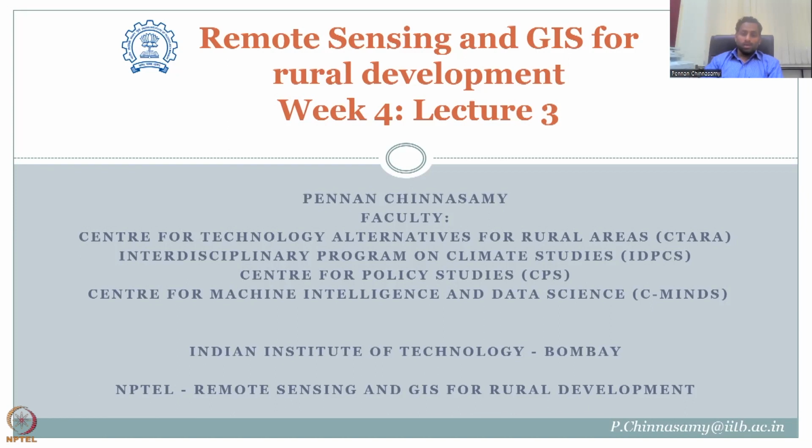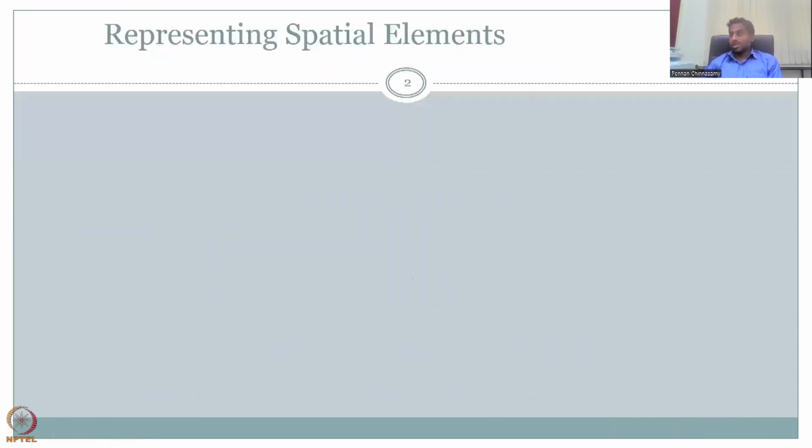And now we will continue the focus on representing spatial elements as a vector. We will be looking at only vector in this section, whereas raster will be done in the next week.